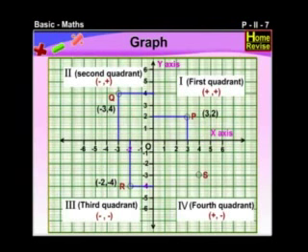The last point is point S. The coordinate of point S is given as plus 4 and minus 3. That means the x coordinate is 4 and the y coordinate is minus 3.